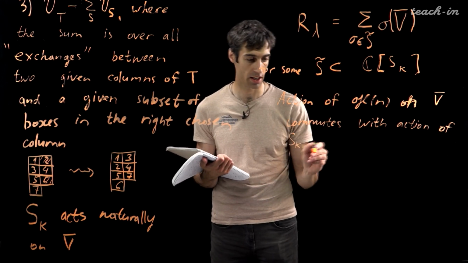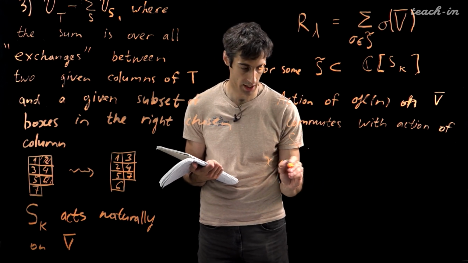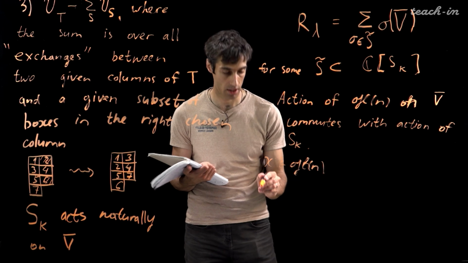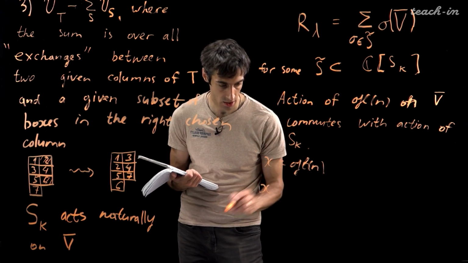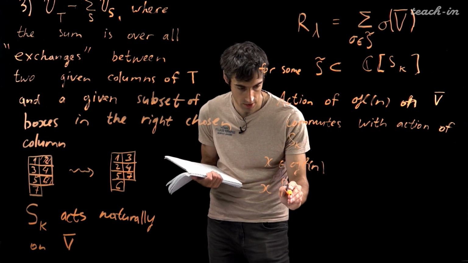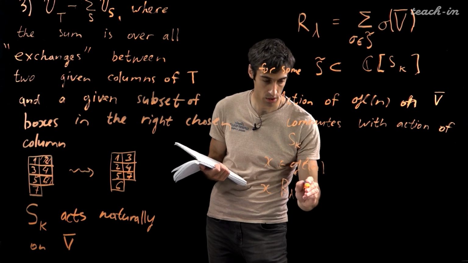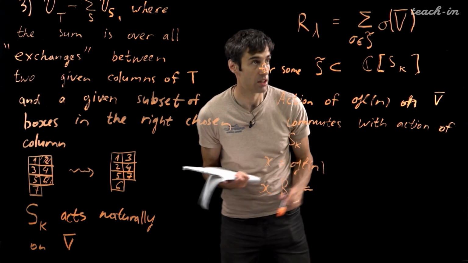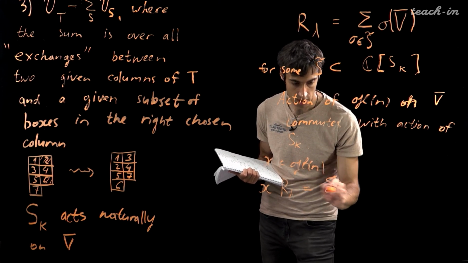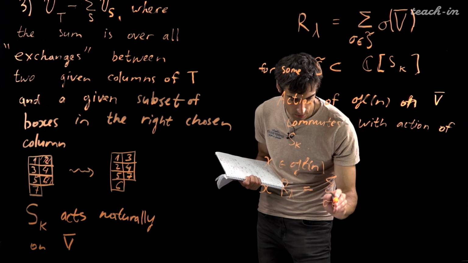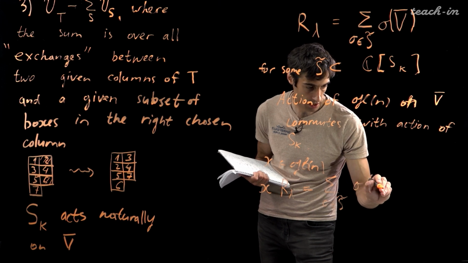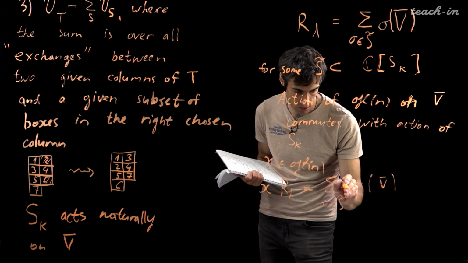Right, so therefore if I take some element x from GLN, and I consider the image of its action on R lambda. If I use this form of R lambda, I can write it as a sum over sigma from S tilde of sigma acting on V bar, and x acting on here.